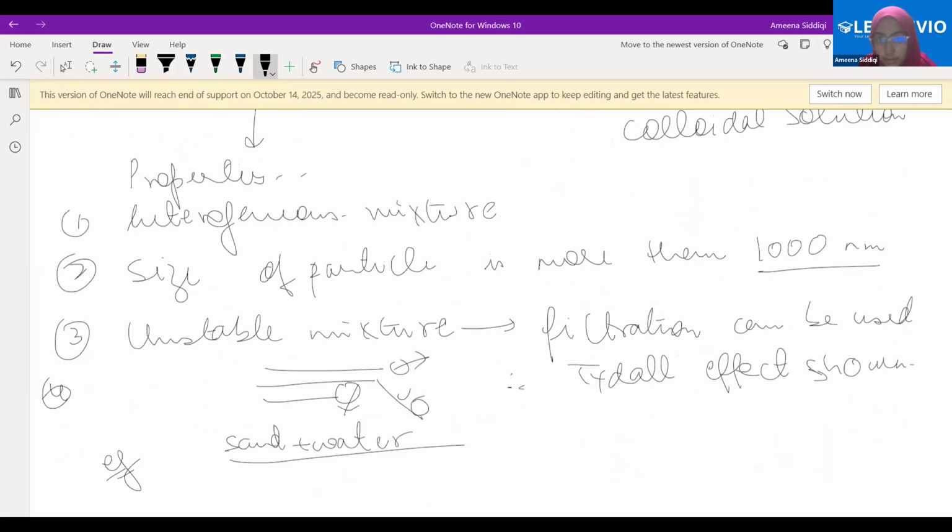Sand and water. I am asking for the suspension, beta. Sand plus water. Chalk powder plus water. You getting it? Yes, ma'am.